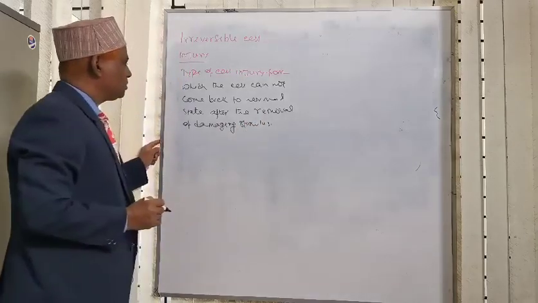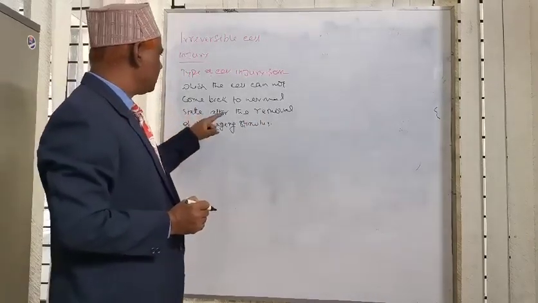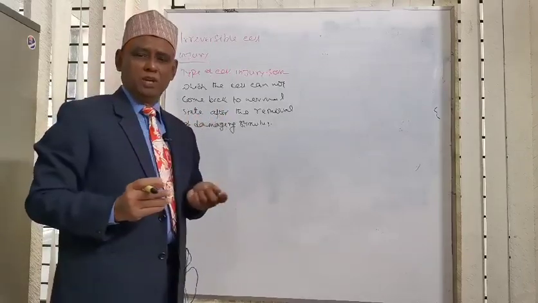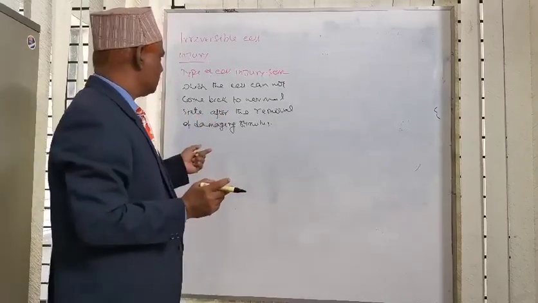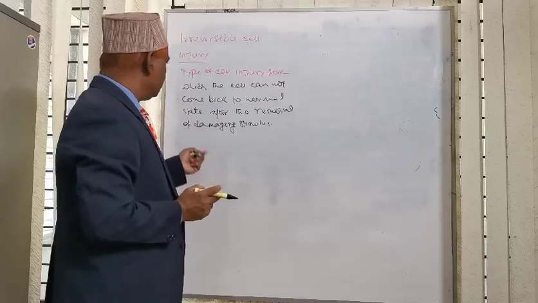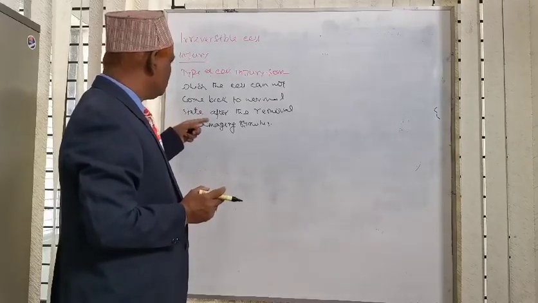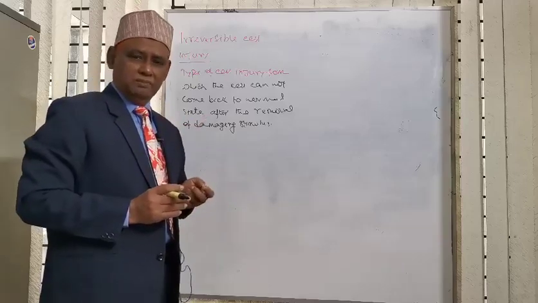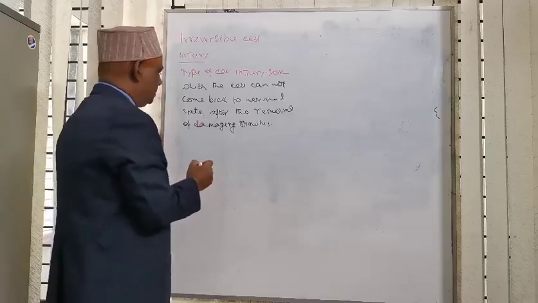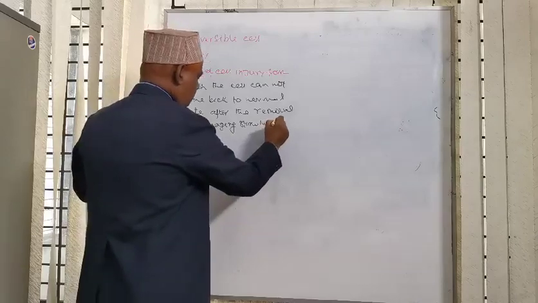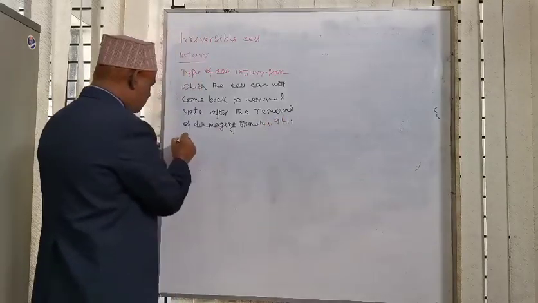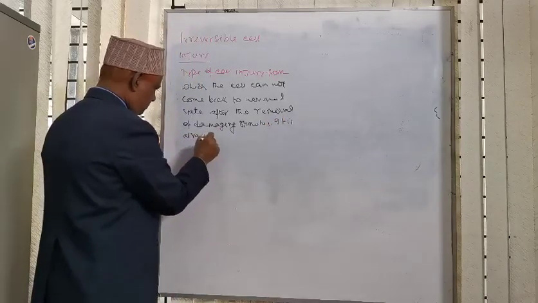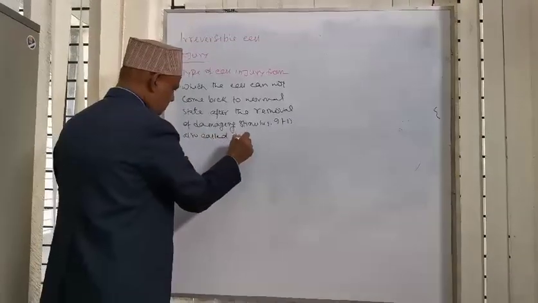So we can recapitulate. If the cell can come back to normal state after removal of damaging stimulus, it is called reversible injury, and the reverse is true. If it cannot come back to normal state, this is called irreversible cell injury. It is also called cell death.